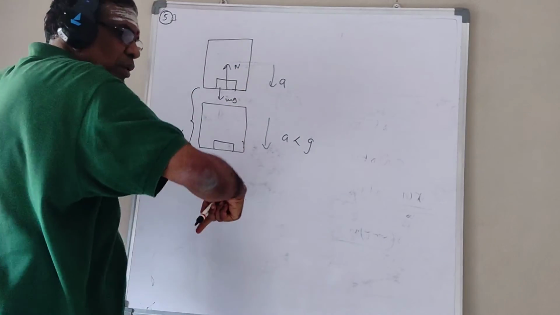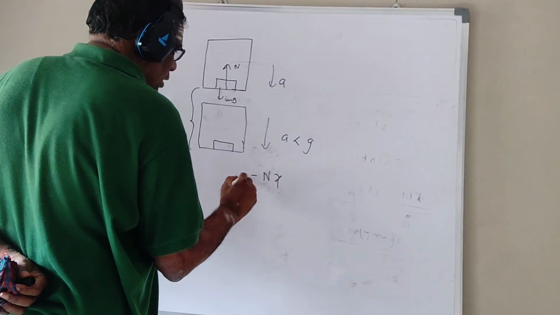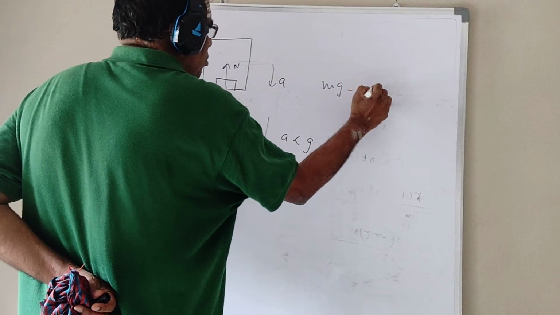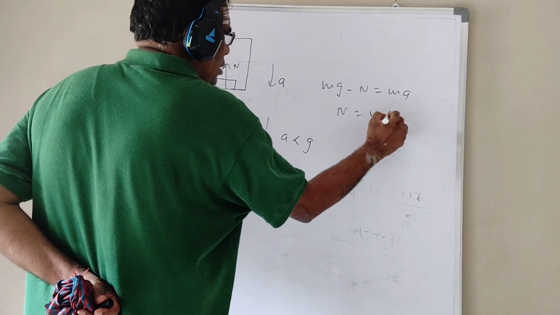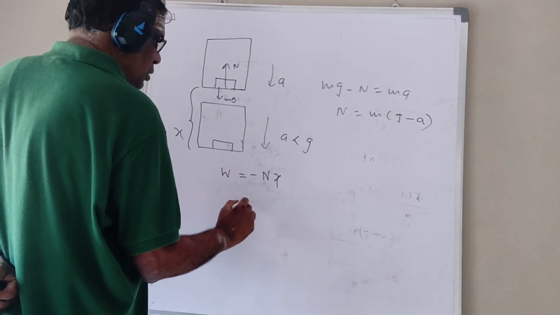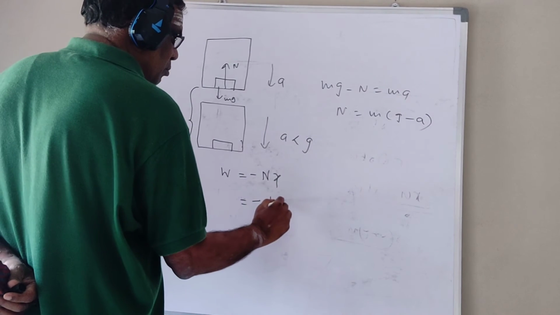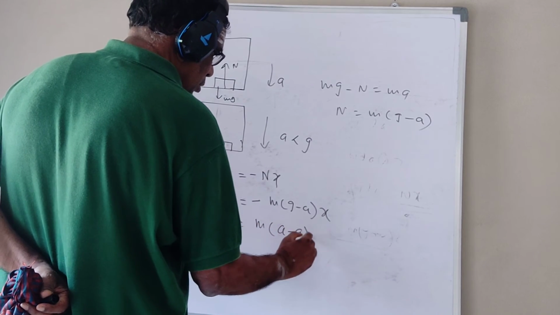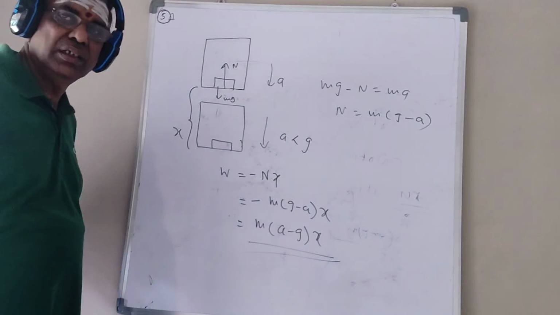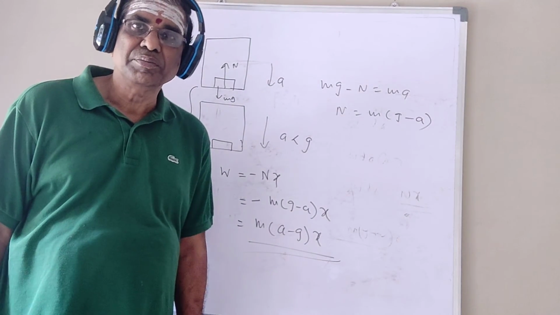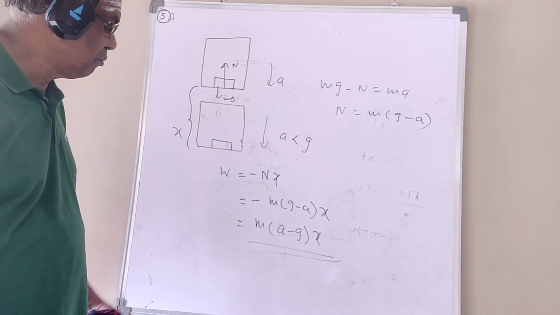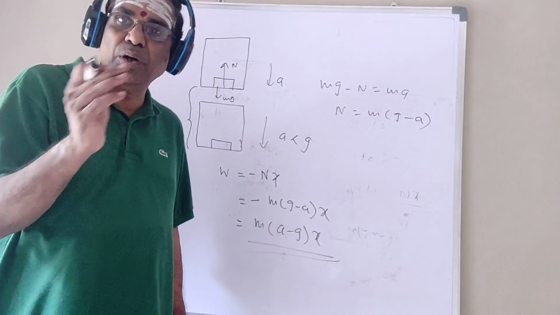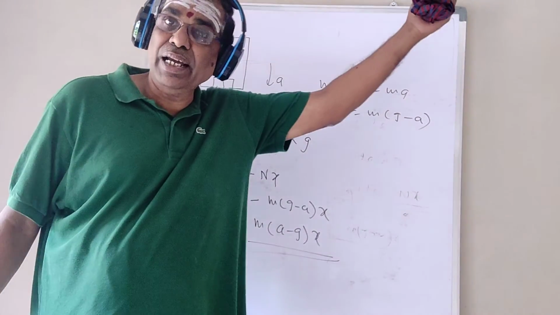So N and displacement are opposite. So minus N x is the work. And what is N here? Mg minus N is equal to M a. So the answer is minus M into something x. This is the work done by normal force. A is less than g, so negative. The previous case, positive. And in the other previous case, 0.